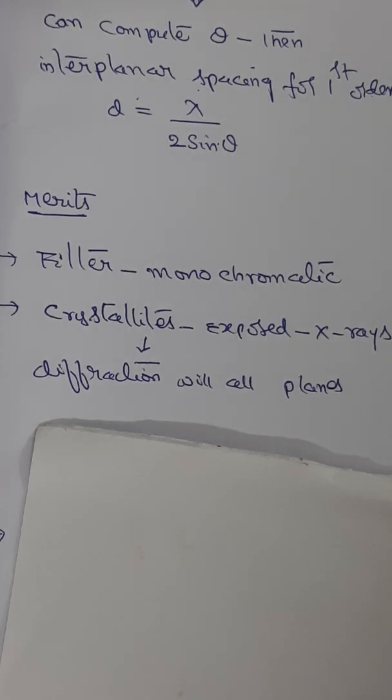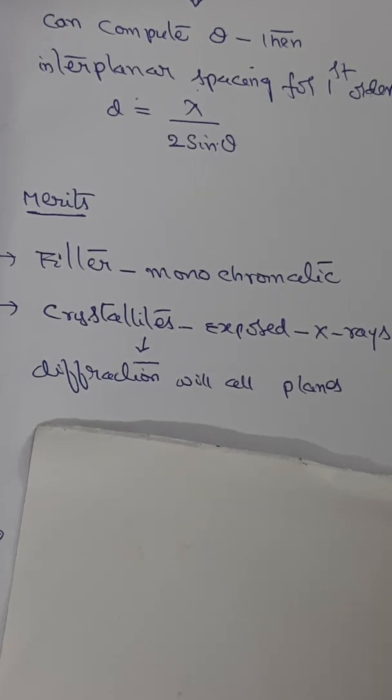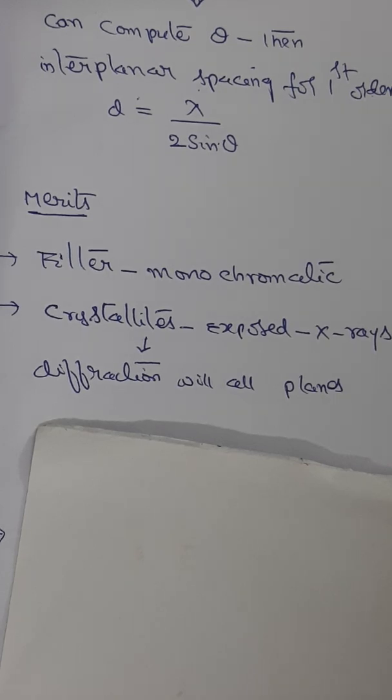And another advantage is because you are taking it in the form of a powder, otherwise known as crystallites, all the crystallites are exposed to X-rays, and therefore diffraction takes place with all available planes. And at the end we said that by knowing all the parameters, the crystal structure can be studied completely, unlike the Laue method. That is what we need to know about the powder method.